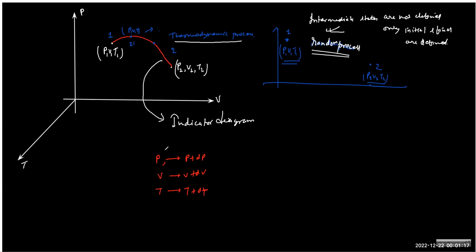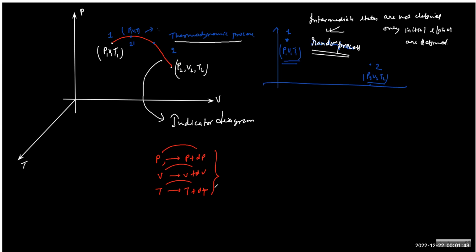If you go at elementary steps, then the changes will be at a very small scale, and therefore it won't be very difficult to attain equilibrium. Because this is the condition to maintain equilibrium in a thermodynamic process at every stage.